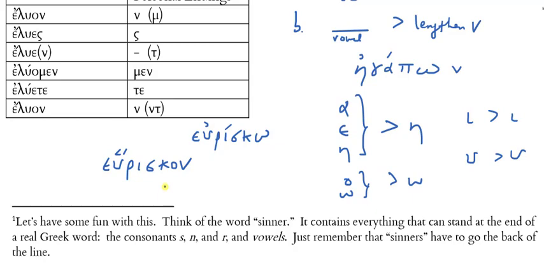Why not? What's that? That's right. We are still looking at a secondary ending, right? That is not a primary ending of the primary, the present. This omicron tells me that nu is not a movable nu. It really is a personal ending.